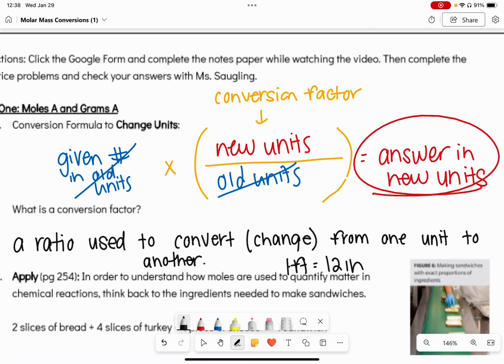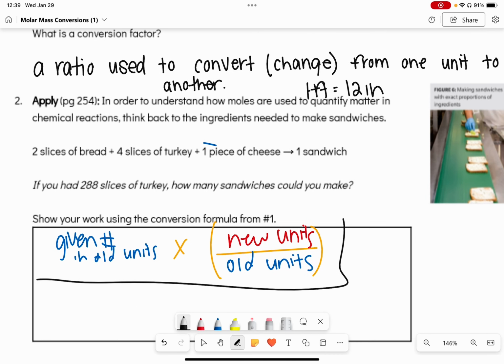And I would use that to be able to see how many inches are in the amount of feet I was given. So it's just like a standard number or amount per the other amount. Okay.